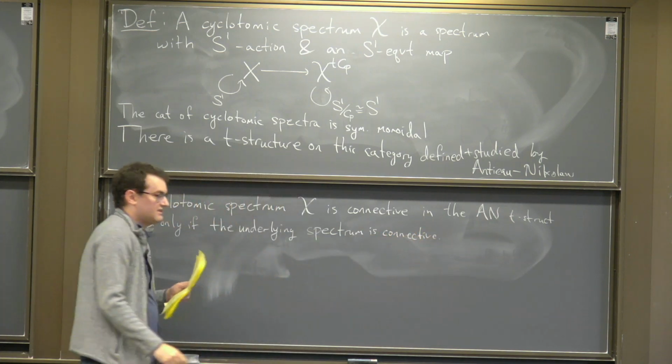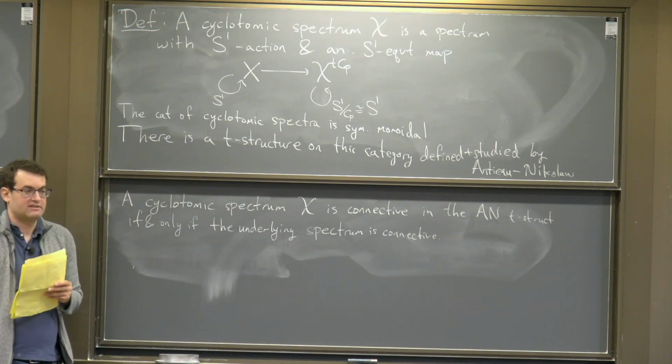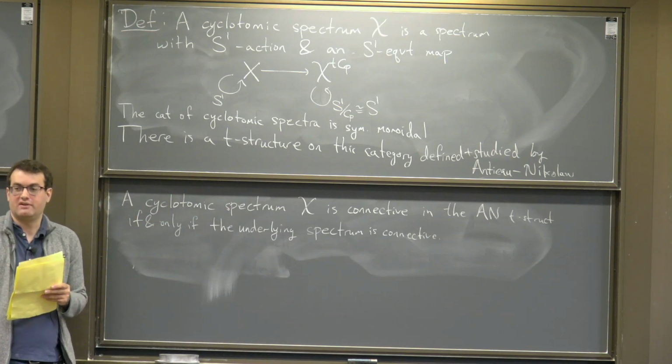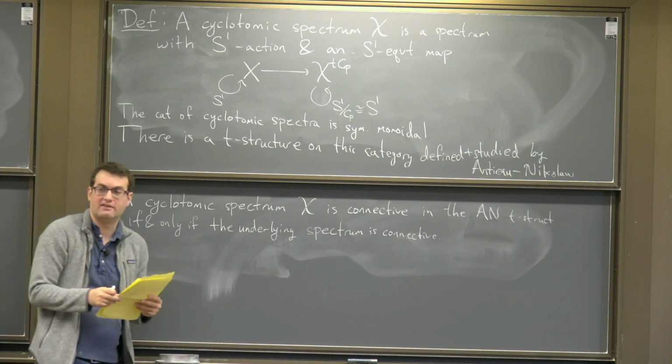So it's not too hard to see whether or not things are connective, but it turns out that being bounded above is a bit more of a mysterious property, as we'll see in a moment.